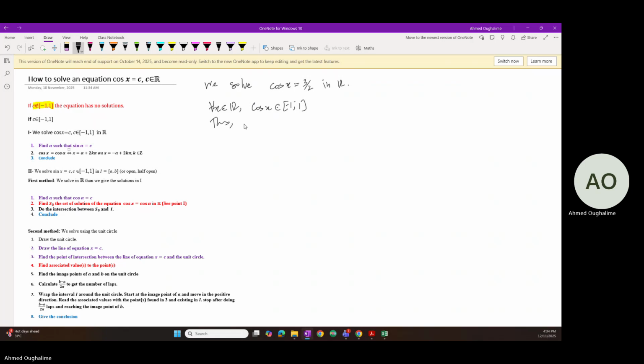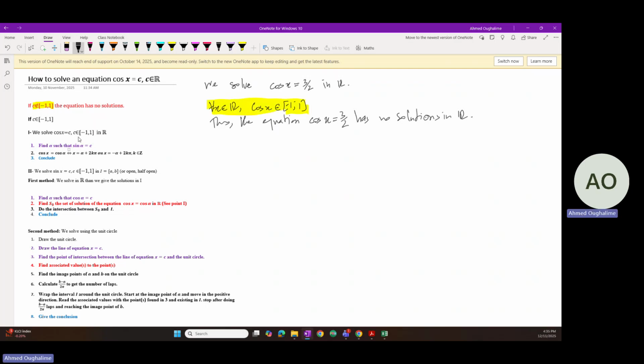Thus, the equation cos x = 3/2 has no solutions in R. So I have nothing to do. I don't need to try to solve. I have just to read and understand my equation, and see that it has no solution, because cos is always between -1 and 1.